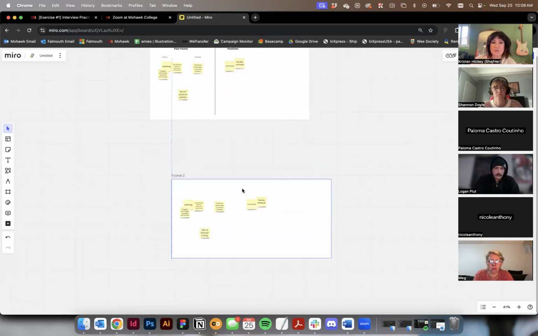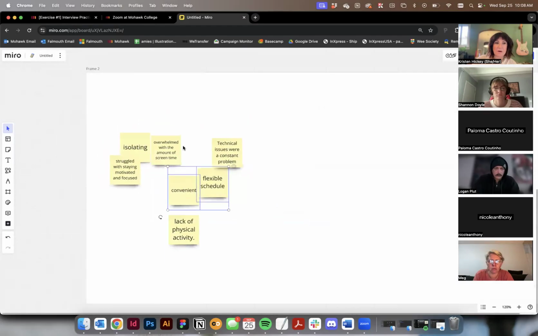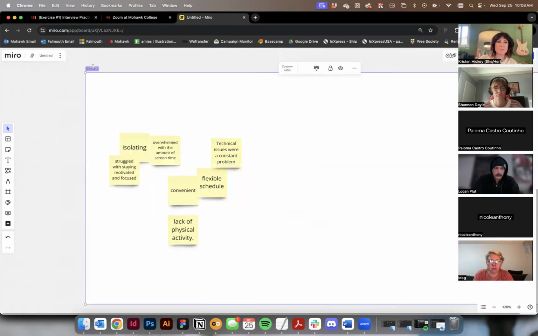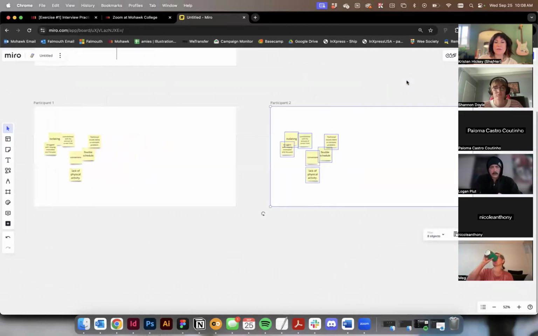Again, I would personally start with getting all of that data on here. It's going to look like a big mess. Participant 1. Another thing about that, we never refer to our interviewees by their name. They're always anonymous, and we always refer to them as participant 1, or if you're writing it, you could say P1, P2, P3, etc.